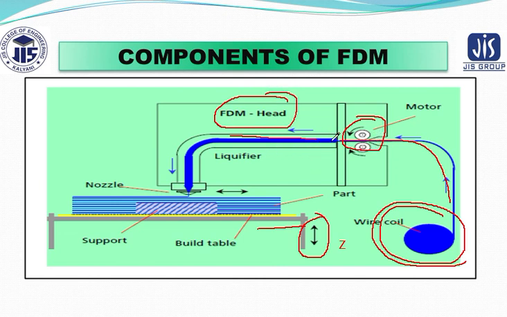The material gets liquefied here and is deposited. And you can see the movement of the head. If I say the movement of the head, it occurs in which direction? In the X and Y direction.